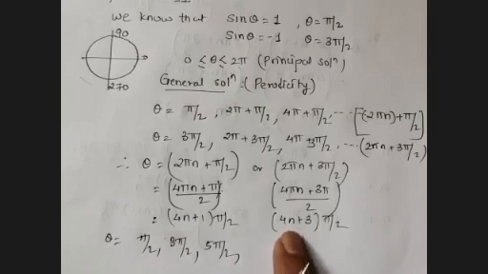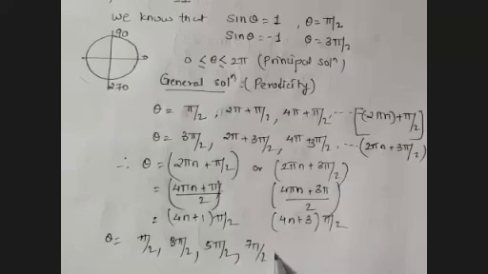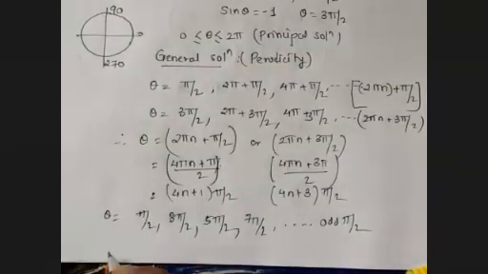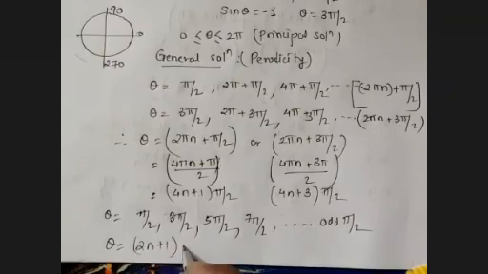If we substitute 1 here, we get 4 ones are 4 plus 3, 7 pi by 2. And so on. So it is again an odd multiple of pi by 2. So that means our theta is nothing but 2n plus 1 times pi by 2, where n starts from 0, 1, 2 and so on.